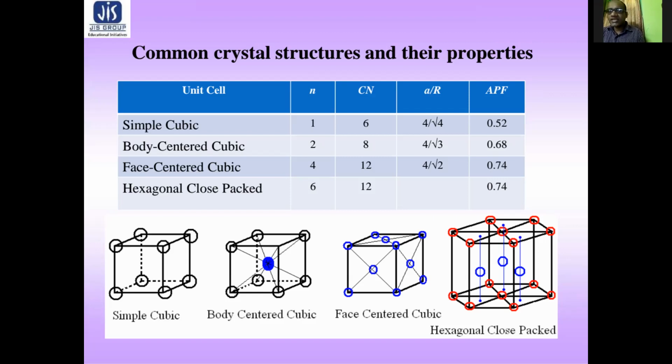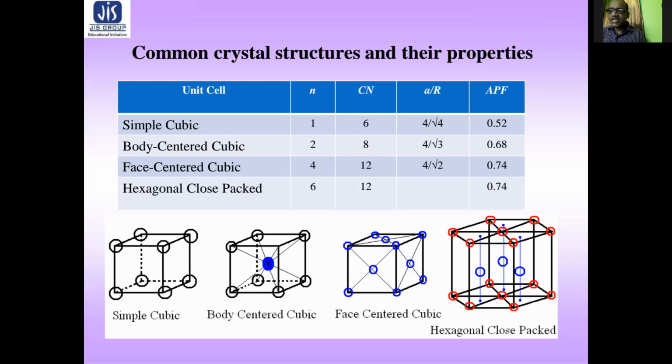Hexagonal close pack is different from the cubical system. It has hexagons on the top and bottom faces. In the top and bottom faces, there are a total of 6 corner atoms, each shared by 1 by 6th of a unit cell. And in the top and bottom also, 1 face atom is there, shared by half of the unit cell.